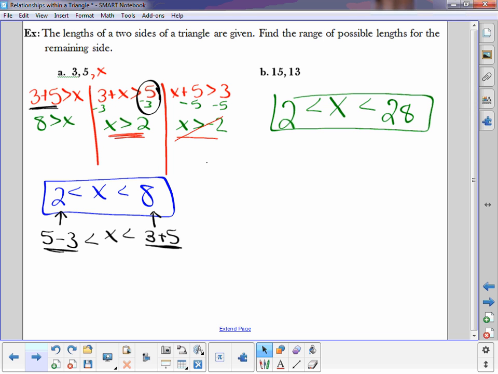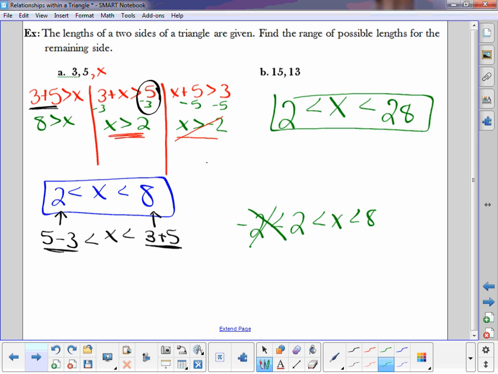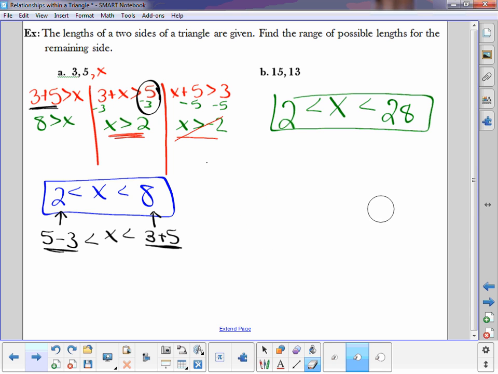This is a tighter restriction, so we go with the tighter restriction because it is more specific to this one here. I'm not sure how you would put it in there. I guess you could say -2 is less than 2, which is less than x, which is less than 8. But this would be nonsense for us. We wouldn't need that. Does that make sense? Other questions on this? Okay.